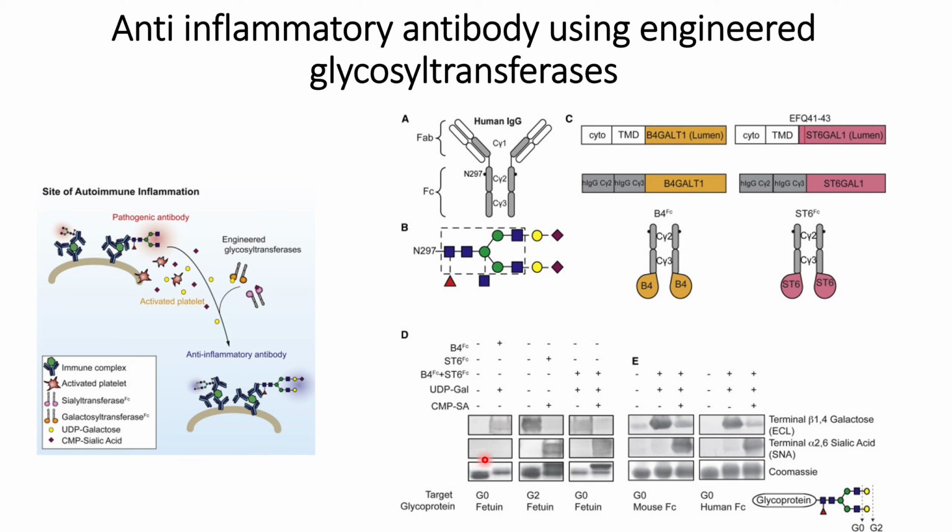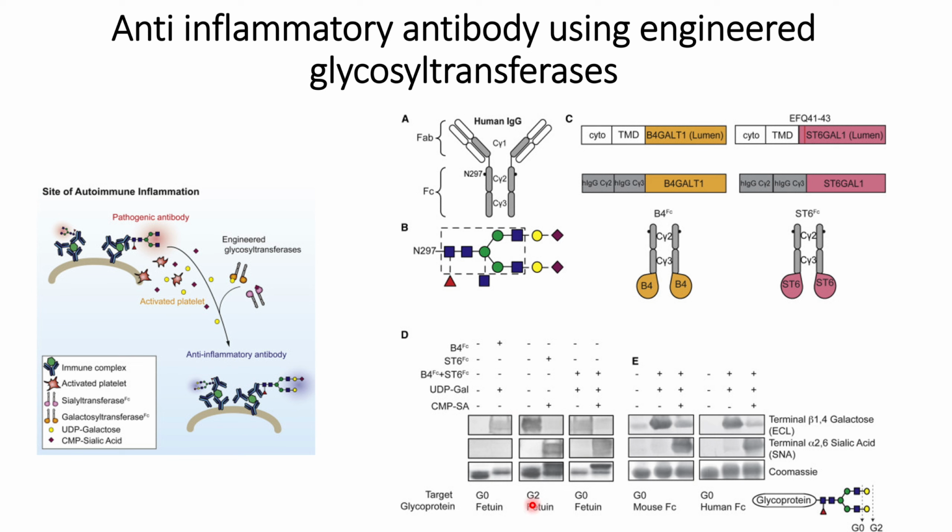In the G0 we do not see the signal for terminal beta 1,4 galactose, whereas when we add B4FC and UDP-galactose, we can see the signal for terminal beta 1,4 galactose.